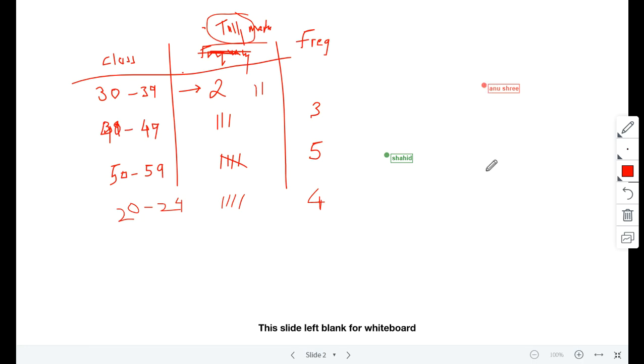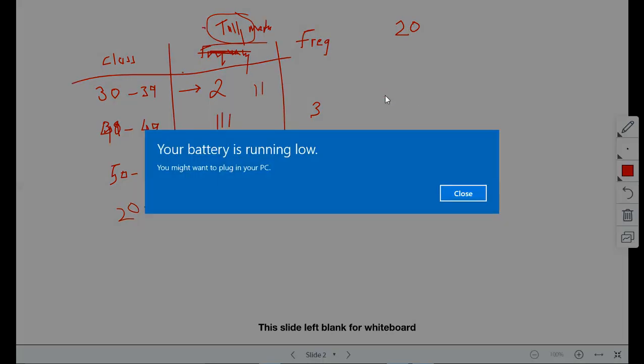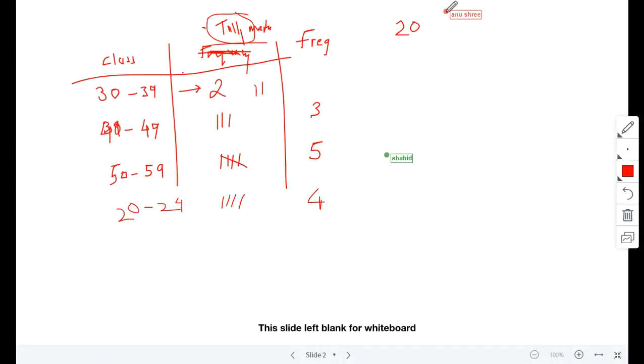So in the second question, the lowest number I can see is 20. And the highest number? The highest number I can see, wait one second, would it be 52?